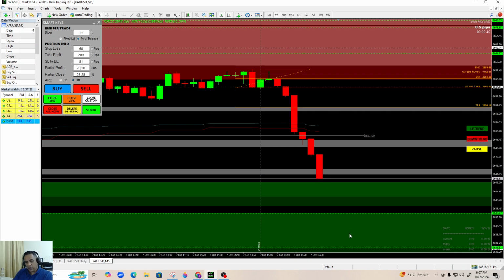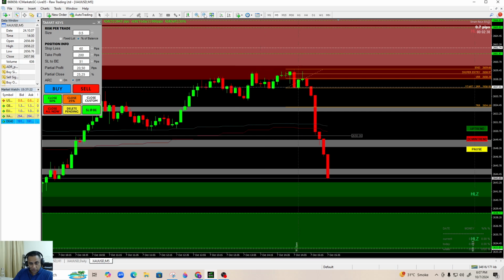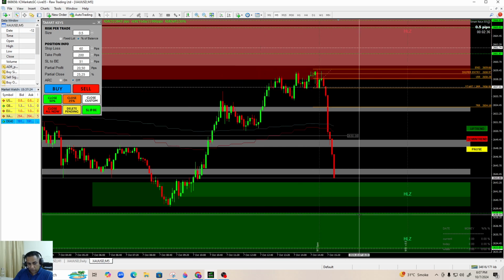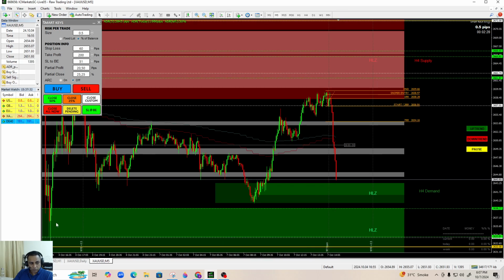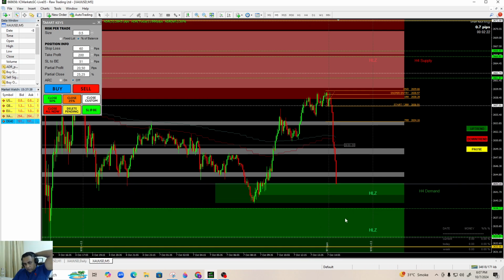Now when we come here is when I'm going to be interested in looking for a trade. This liquidity candle is where I'm going to be interested in looking for a trade. We are coming straight down.